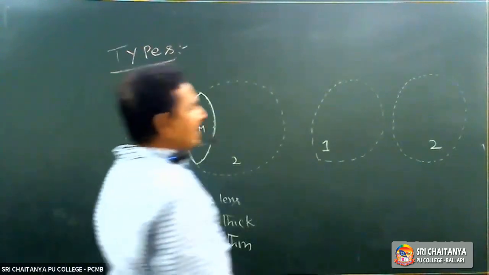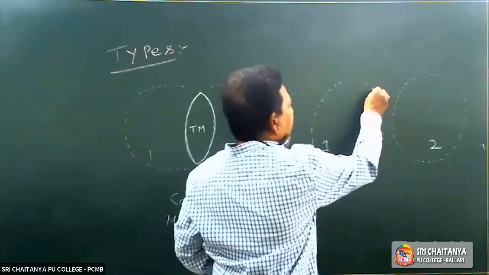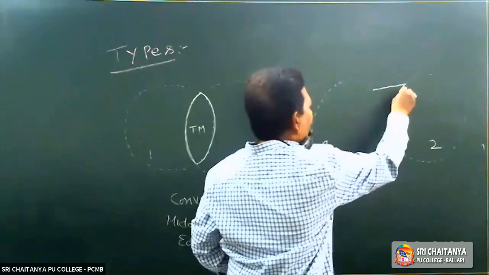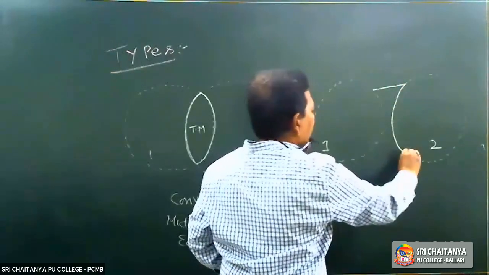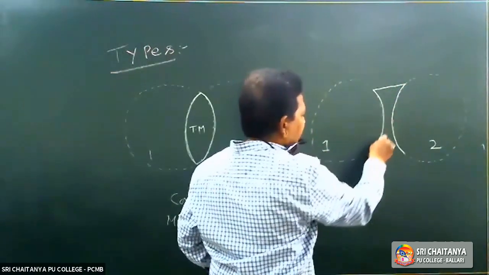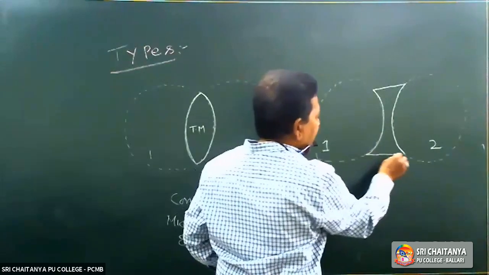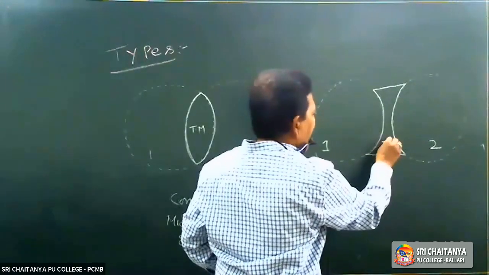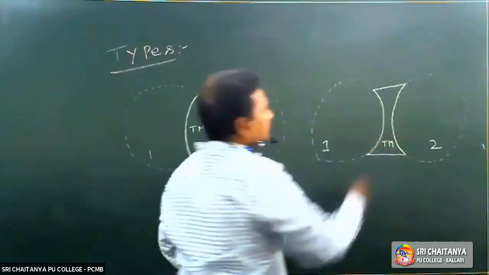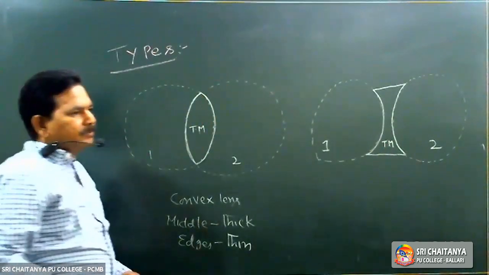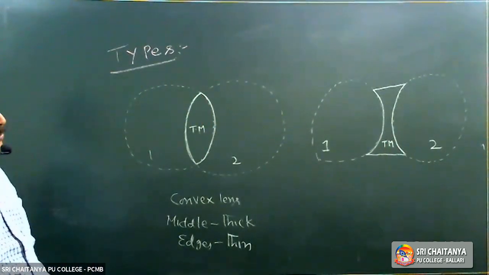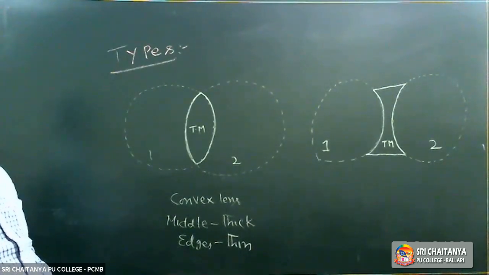That region is filled by medium. The gap between the two spheres is filled by means of the transparent medium.